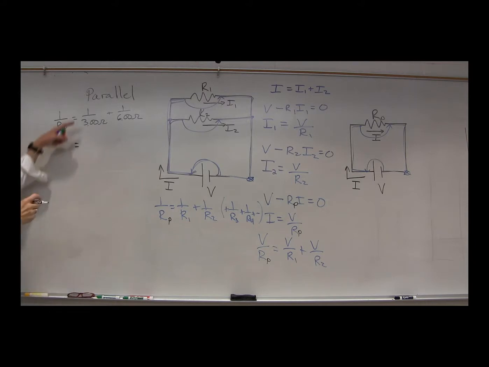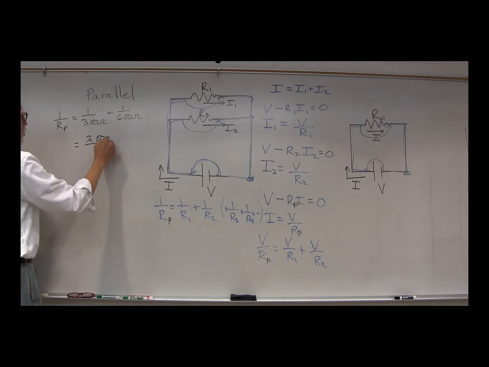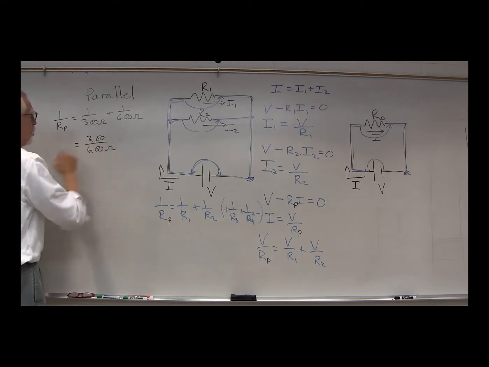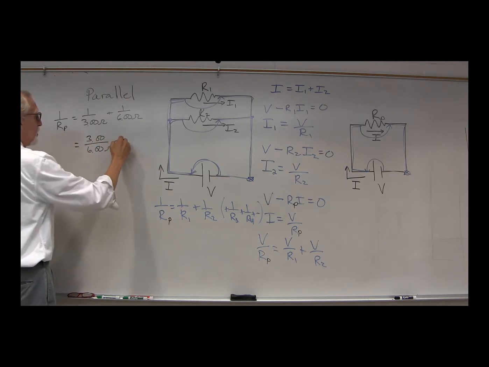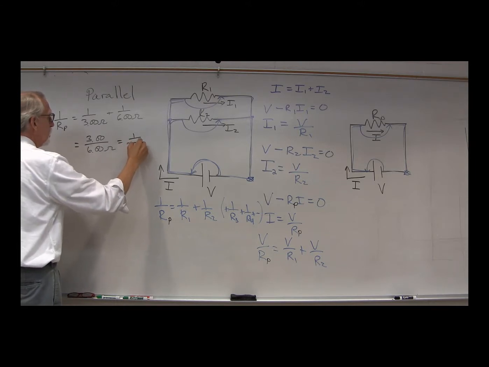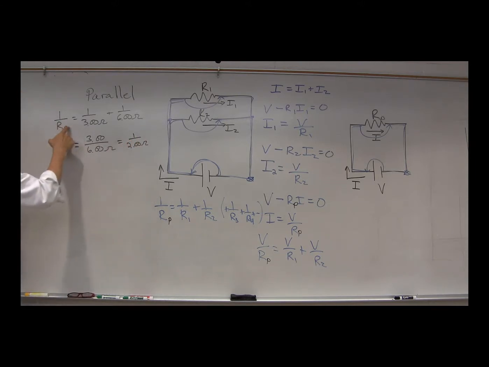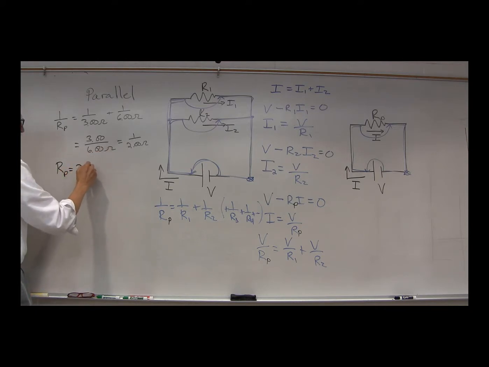Well, what's that? 1 over 3 is 2 over 6. 2 over 6 plus 1 over 6, that's 3 over 6 ohms. Dividing that out, that's 1 over 2 ohms. We have to take the inverse of that, so Rp is 2 ohms, and that is exactly what we found.